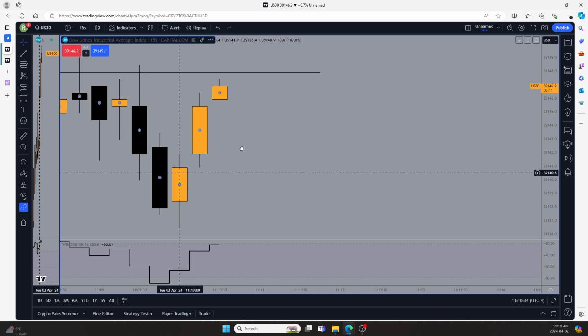Yep. Guys, we're going to get stopped here on the remainder of our position. So the 2-to-1 was secured, and that's more than enough on the day.